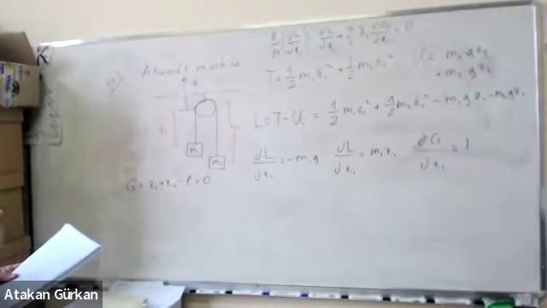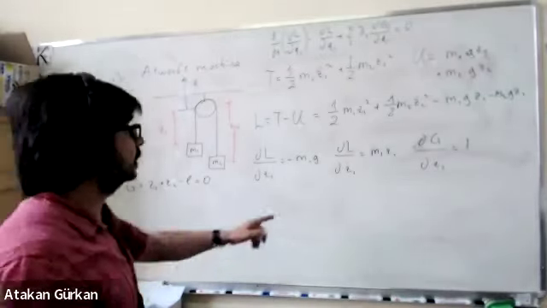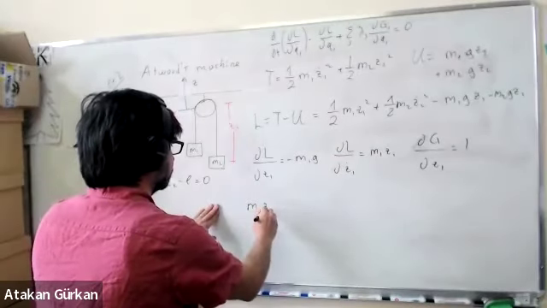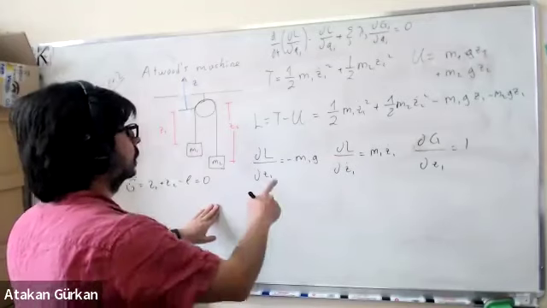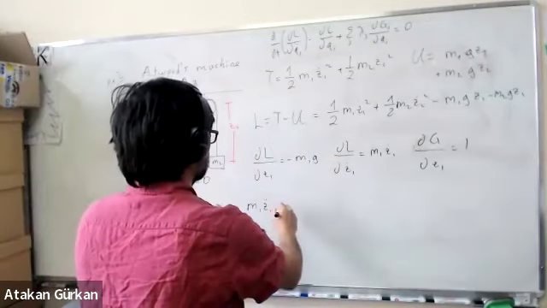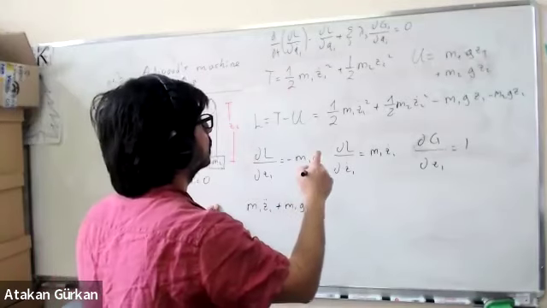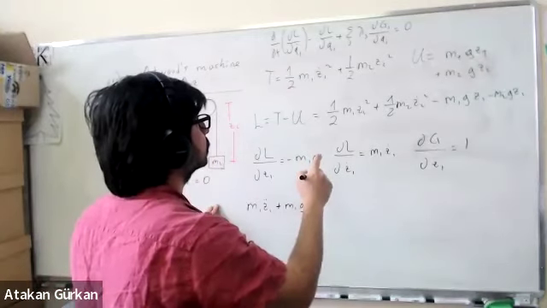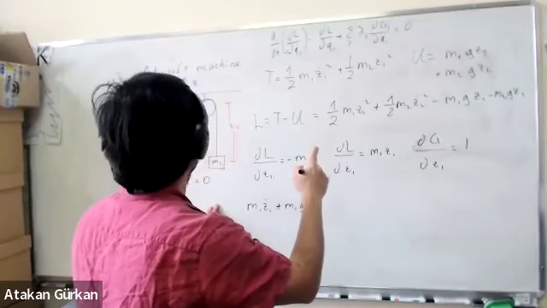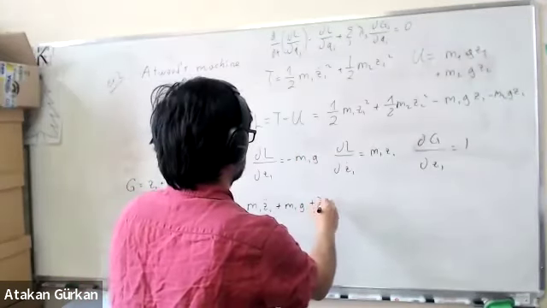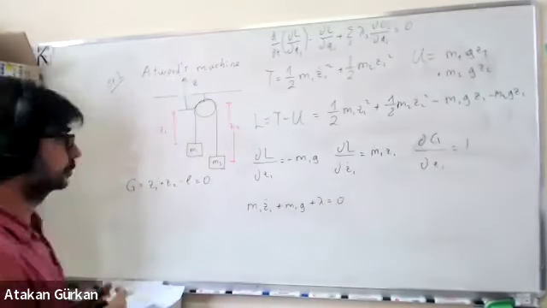So I take the time derivative of this, M1 Z1 double dot, plus M1 G. So the variation is just plus lambda is 0.